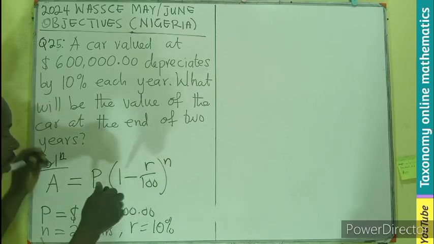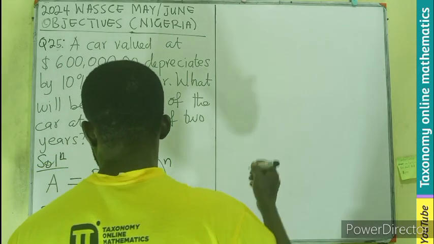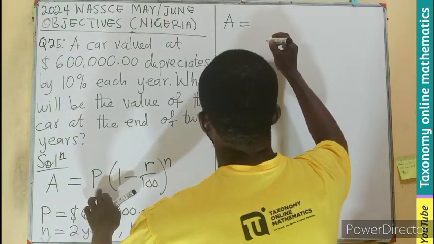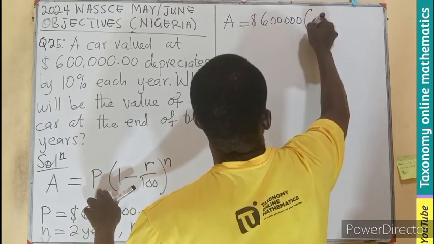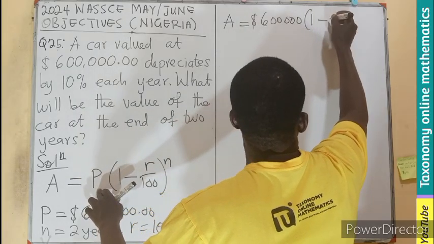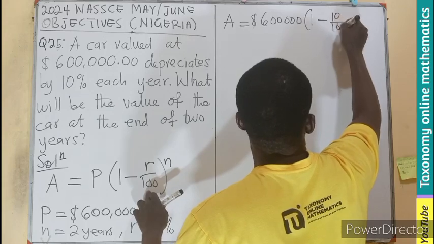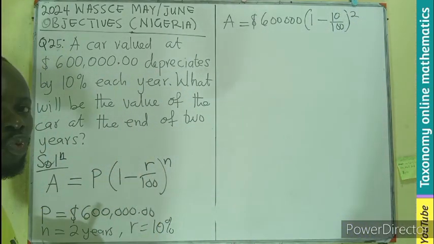So we can just do our substitution. When we substitute, the amount of the car at the end of 2 years becomes 600,000 times (1 minus 10 divided by 100) squared, because the number of years is 2.